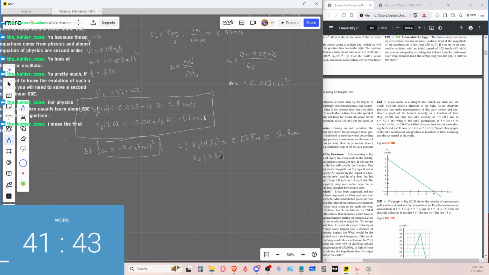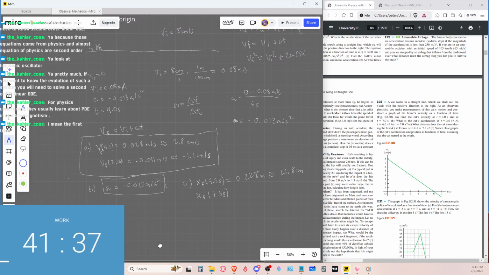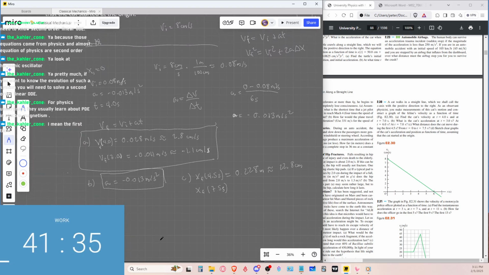Because it's from 0 to 7.5 seconds, I don't think you need to incorporate any differences. It starts from 0 and you just want the time frame. Plus a half times 7.5.